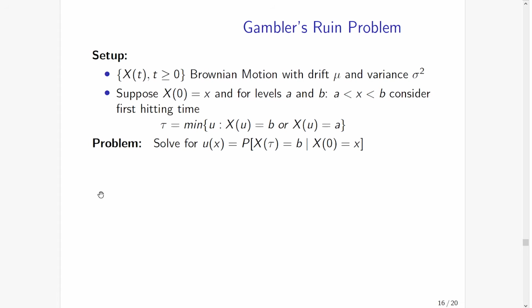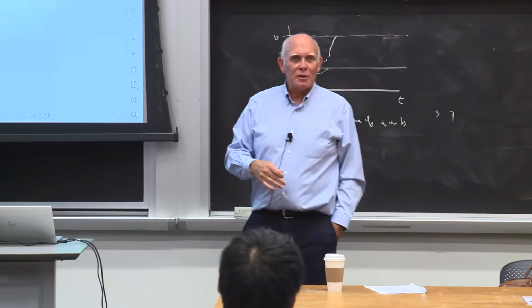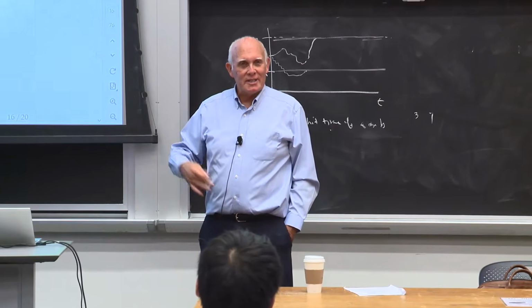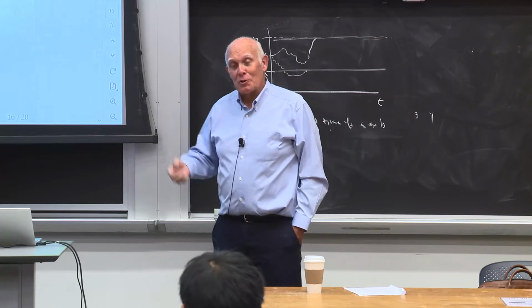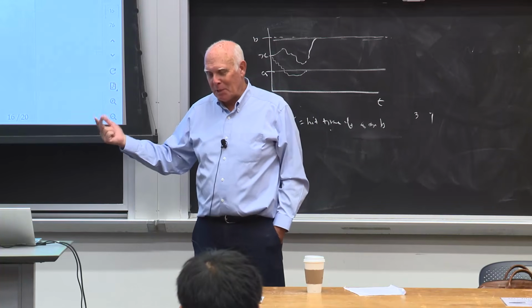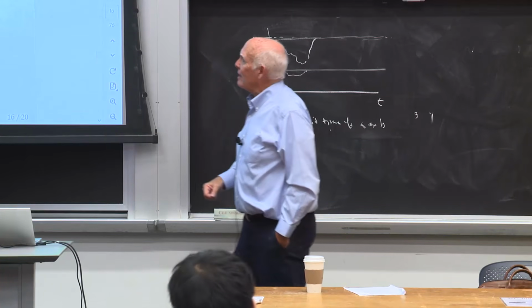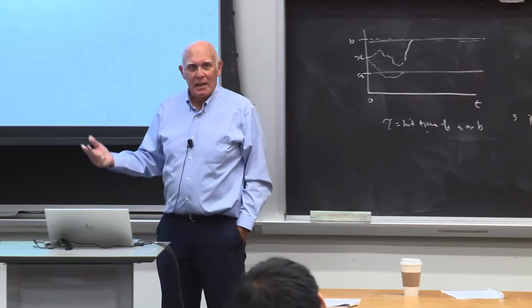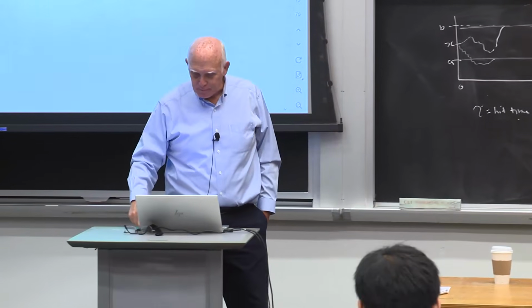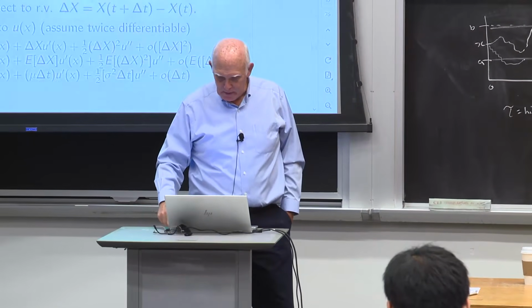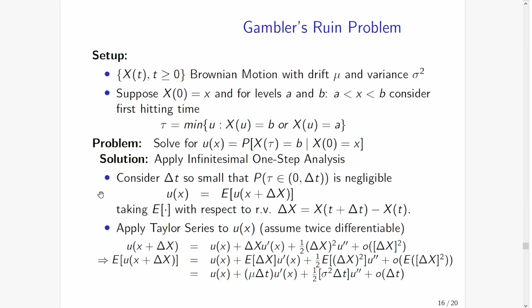this generalizes our problem in the first lecture on stochastic processes, where we had a random walk with unit steps with drift. And so there was a bias of maybe a +1 versus a -1 occurring. And we wanted to solve for what's the likelihood of hitting a level B before level A. So with this, we use an infinitesimal one-step analysis.